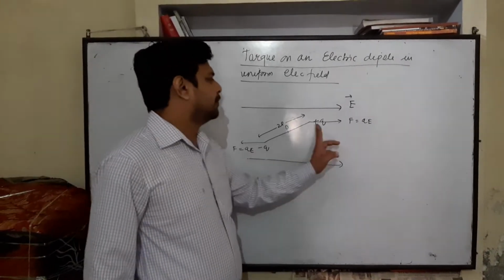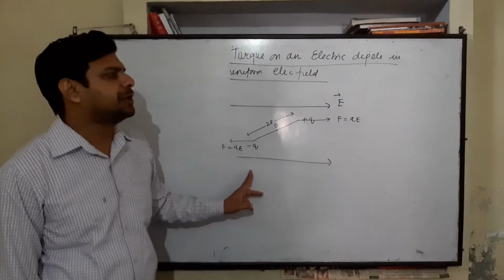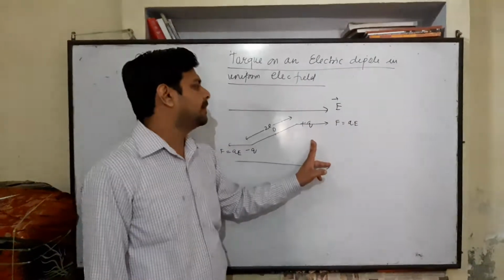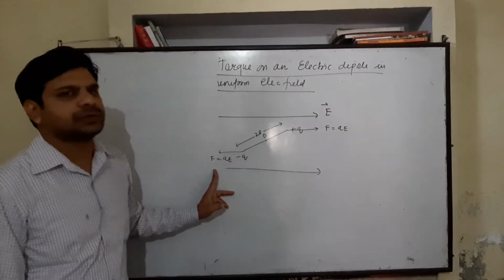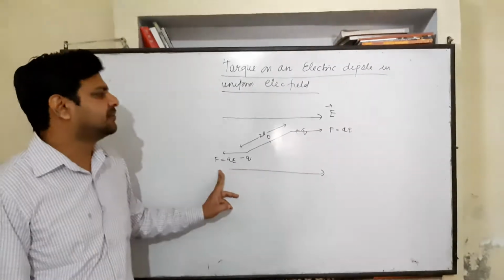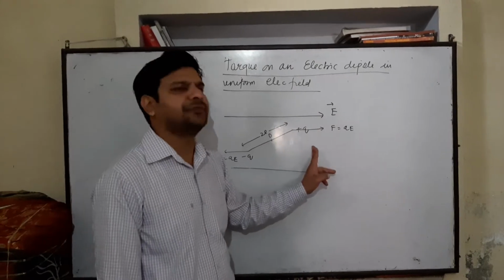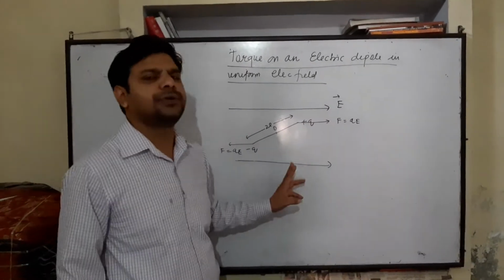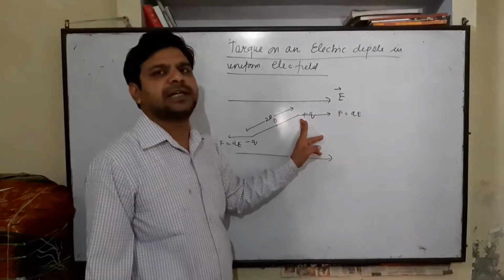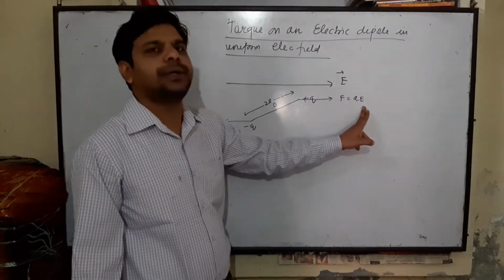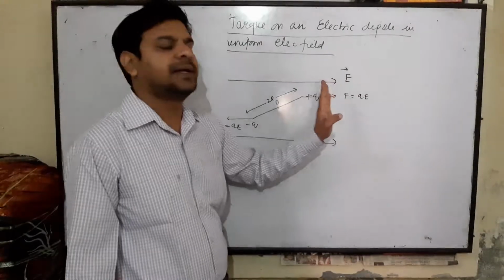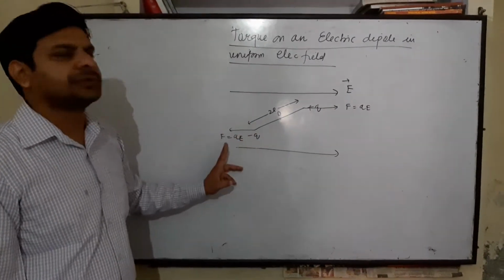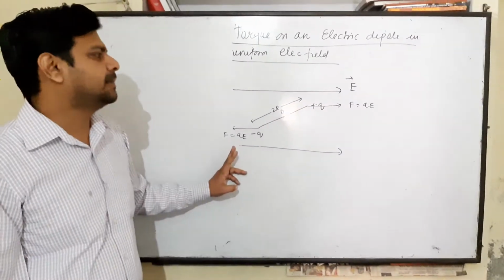As we see, both charges in a uniform electric field experience equal and opposite forces, because the field is uniform at both these points. The plus charge experiences force F equals QE in the direction of the electric field, and the minus charge also experiences the same force but in the opposite direction.